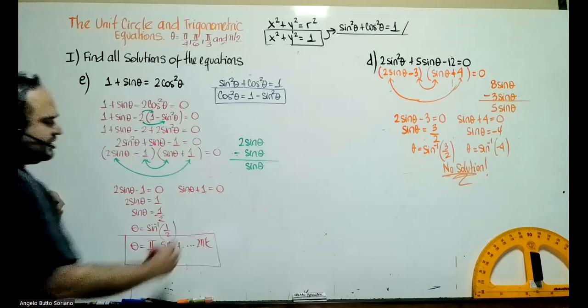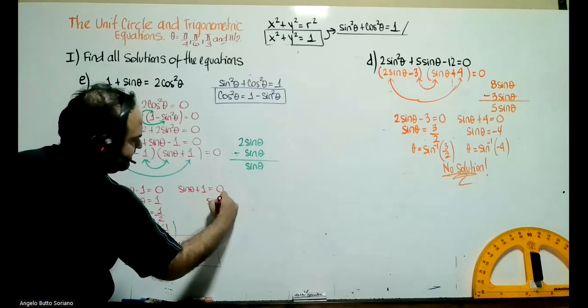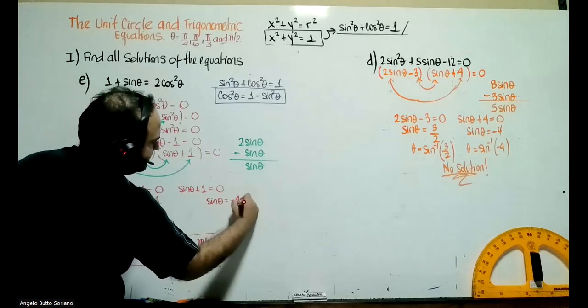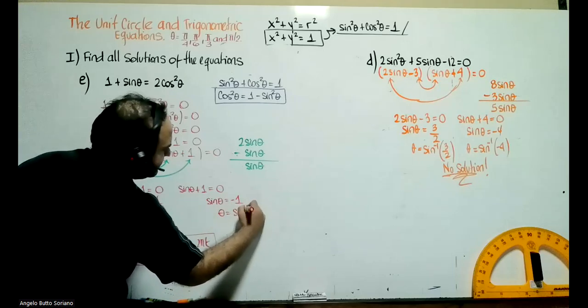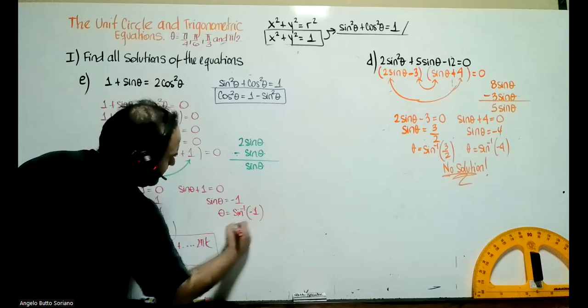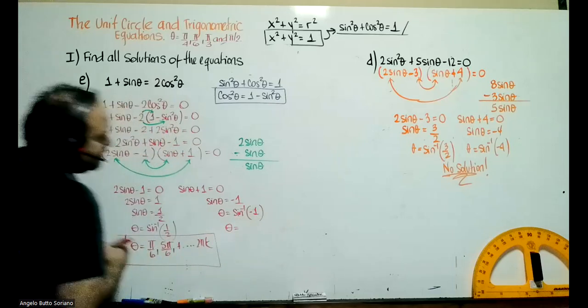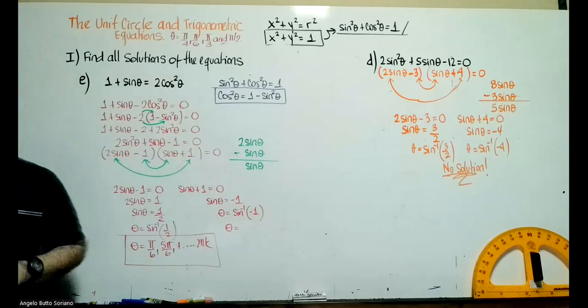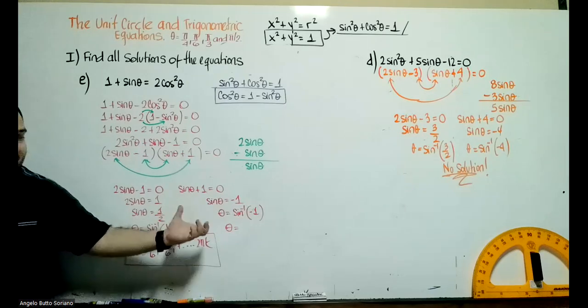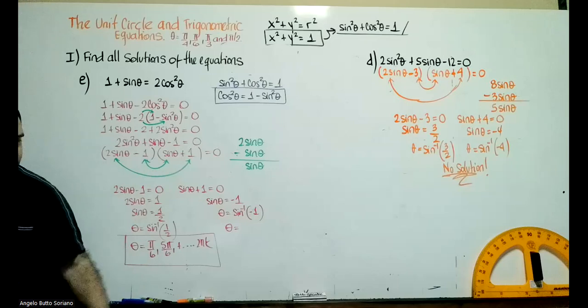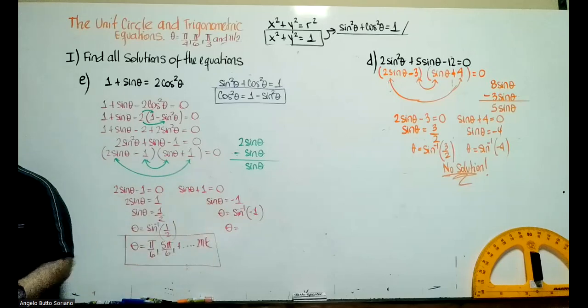And on the other hand, sine theta will be equal to negative 1. Theta will be given by the arcsine of negative 1. And please, would you like to tell me what will be the only value, the one value, I guess, that provides negative 1 in the unit circle?